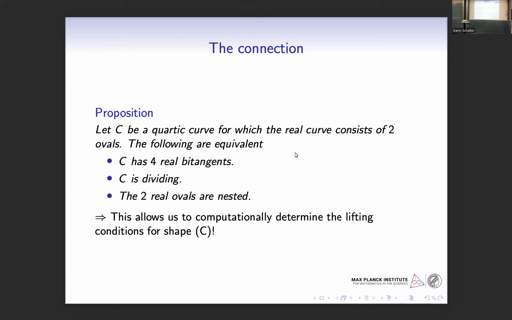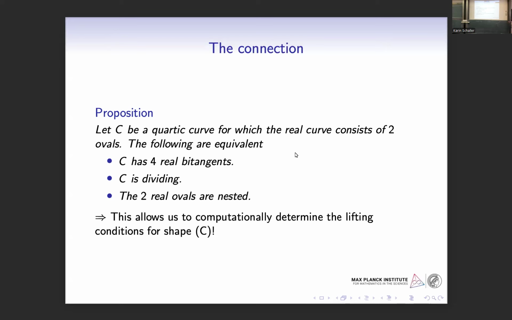So now I know that if the two real ovals are nested, then we have 4 real bitangents. If they're not nested, we have 8 bitangents. We know this from dividing, and we can determine the twisted edges. That was all combinatorial things that we can implement. So we now have a computational method to determine lifting conditions for shape C, because I can tell you exactly how many ovals the real tropical curve will have, which means I know how many real bitangents I should be able to see.